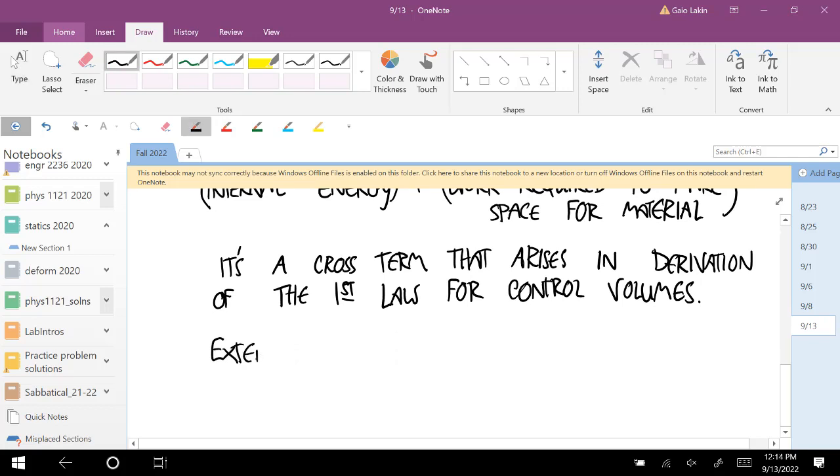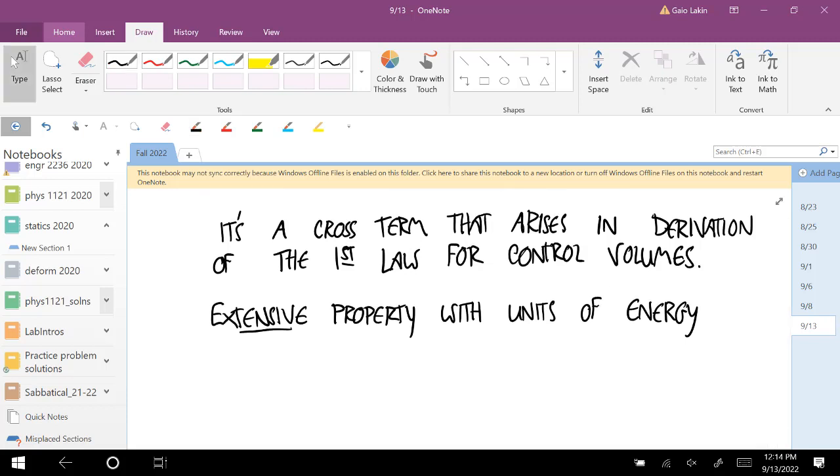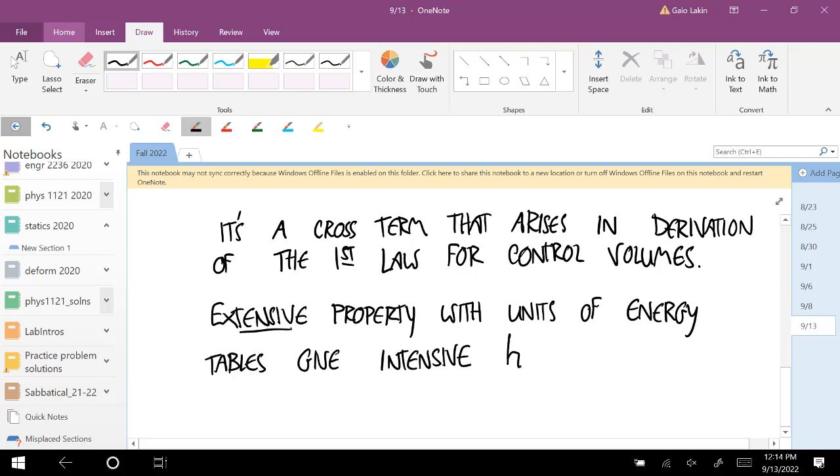It's an extensive property with units of energy. And tables give the intensive lowercase h, which is enthalpy per mass.